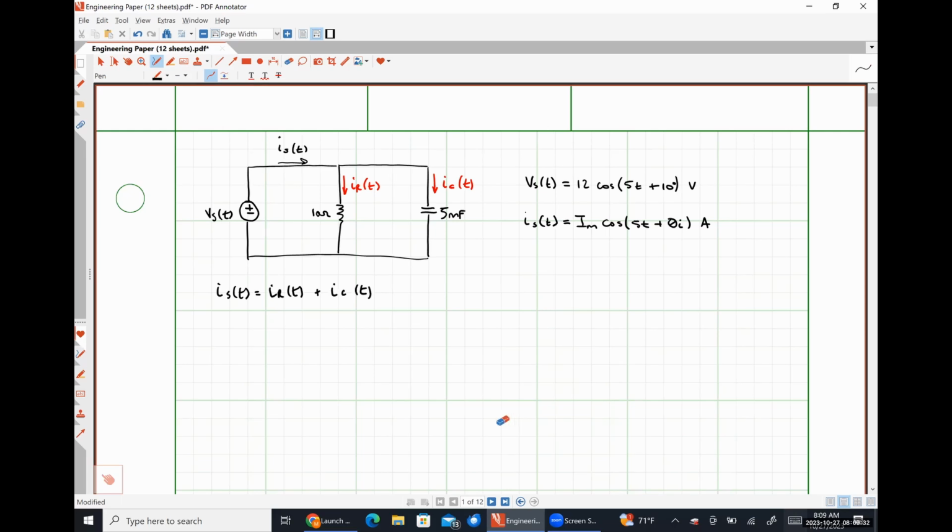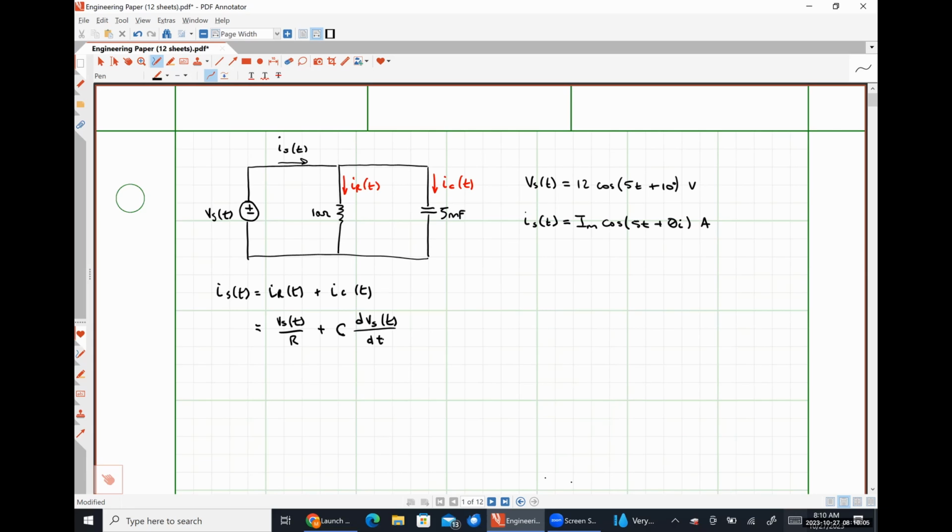Now, since all of these elements are connected in parallel, they all have the same voltage drop over them. And so we could express IR of t as Vs of t divided by R, and we could express IC of t as C multiplied by the derivative of Vs with respect to time.